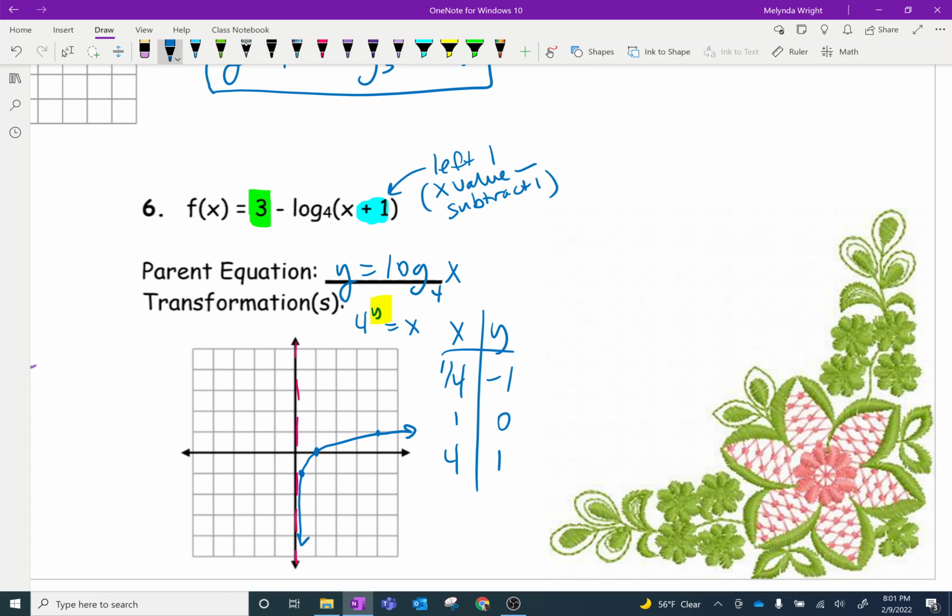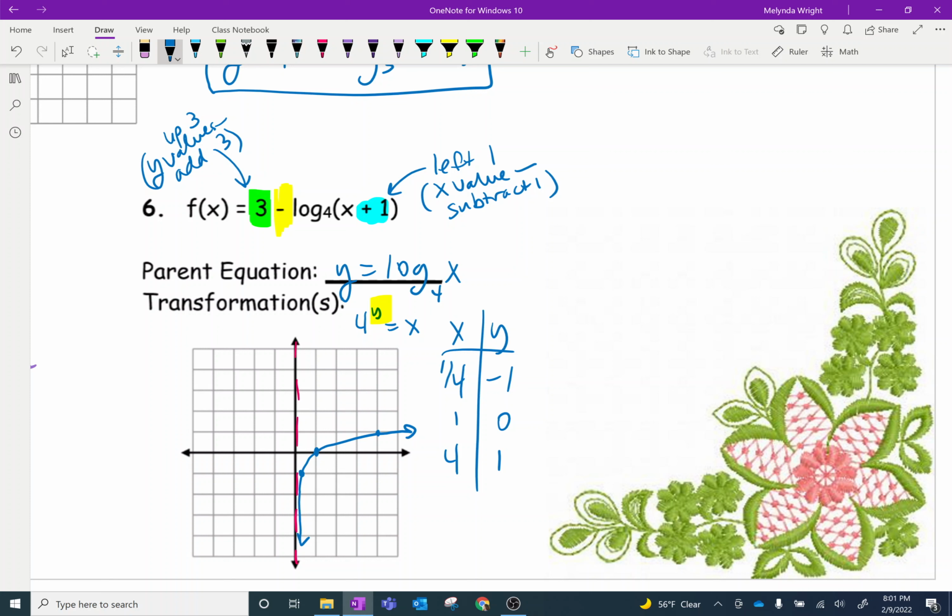All right, now for the weird one. Do you see which one we haven't done yet? Look at that multiplier right here, the multiplier of -1 on the log. Let's dig back into memories. What does it mean when we multiply by a negative? If we multiply the y value by a negative, it's going to reflect it.